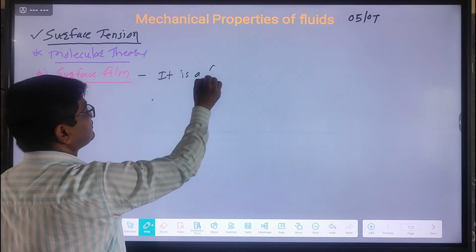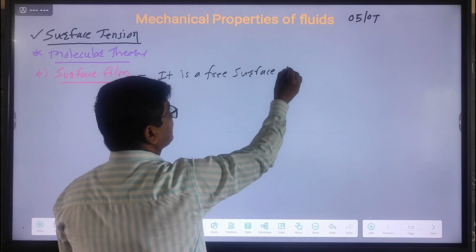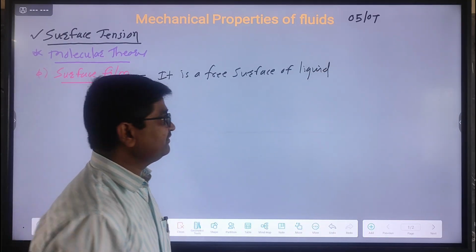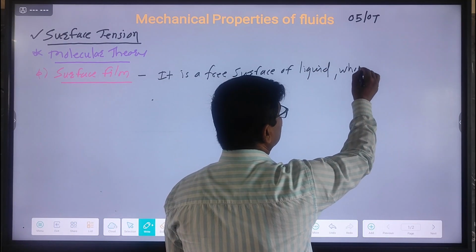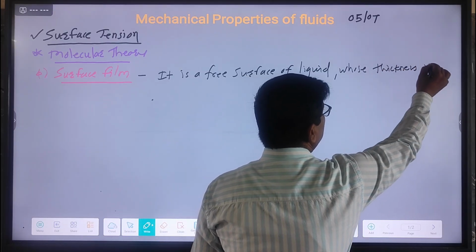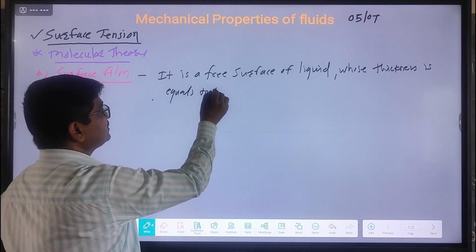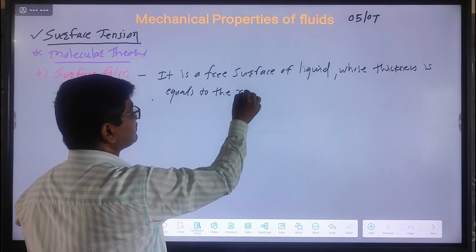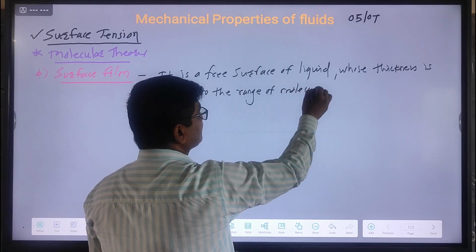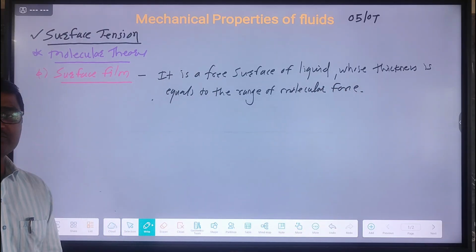It is a free surface of liquid whose thickness is equal to the range of molecular force.